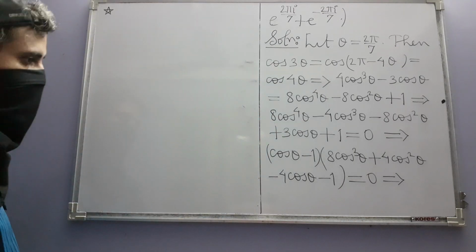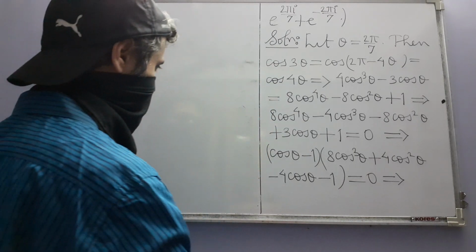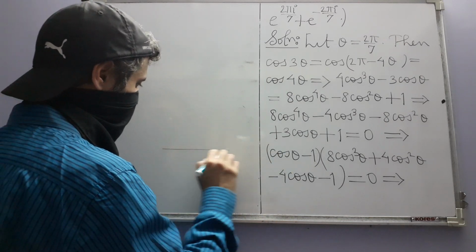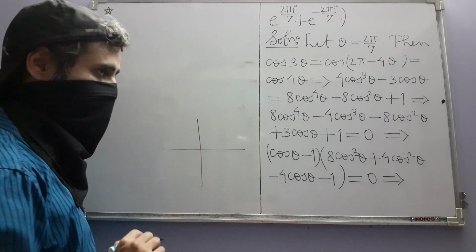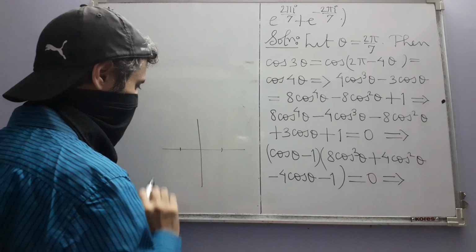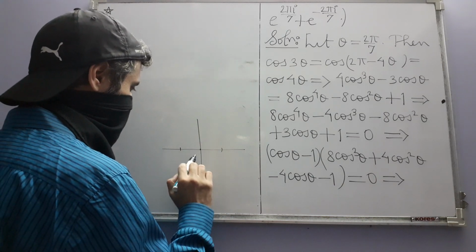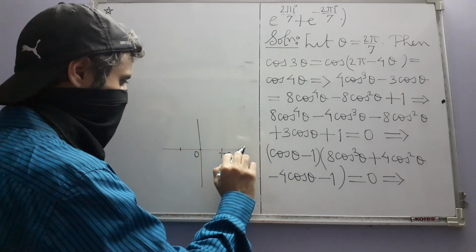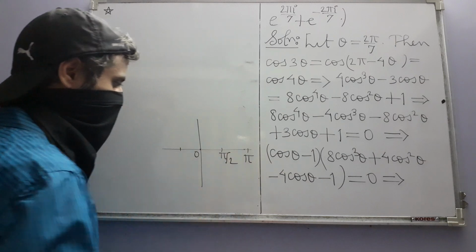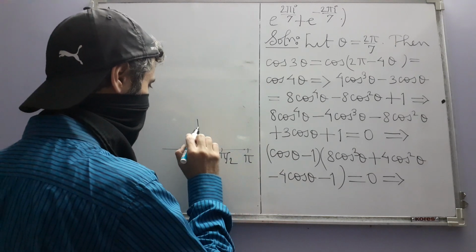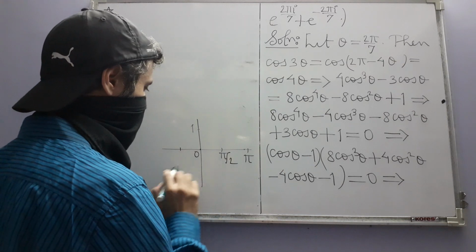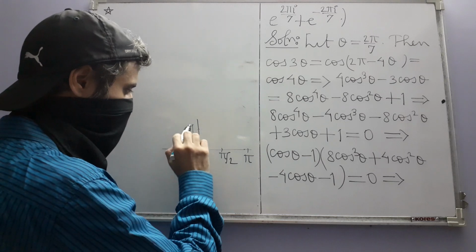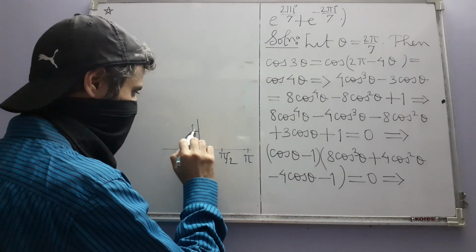Oh, by the way, why is it not 1? That's because if you, for a moment, think about the cosine function, if you think about the graph of the cosine function, because that's the way of remembering how the function behaves, right? So suppose you have 0 here and you have pi over 2 here and then you have pi here. Say this is 1. So cosine of 0 is 1, cosine of pi over 2 is 0, and then it becomes negative. So the graph goes like this, right?